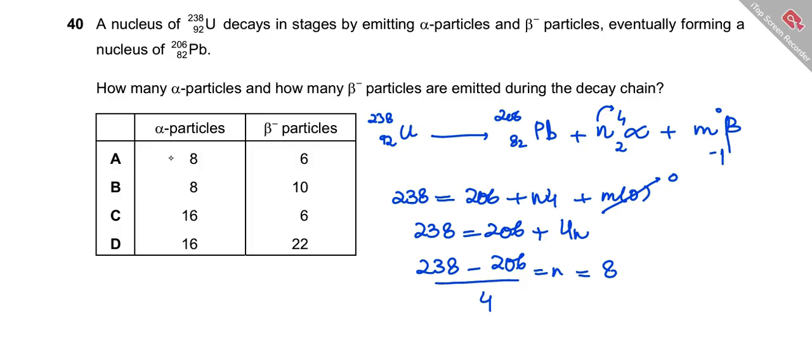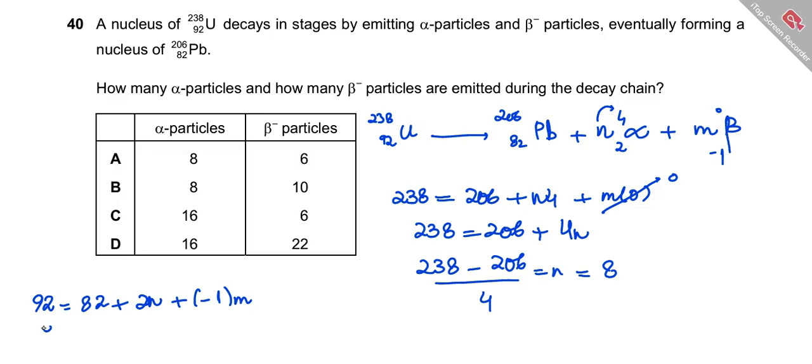But we can see that options A and B both have 8 as alpha particles. We'd still have to work around to find out which one of these two options is the correct option. But one thing for sure, C and D are out of the race, right? Now for the charge conservation, we have 92 at left, and at right we have 82 plus 2n plus minus 1m.